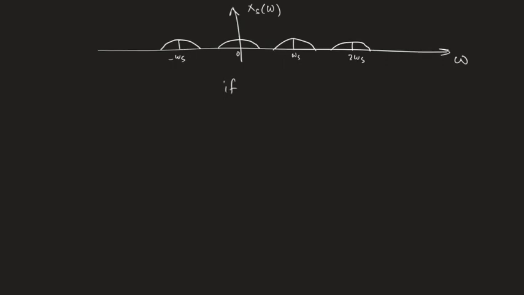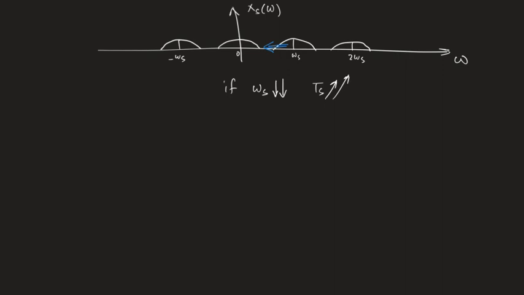If omega s was too small, this means what? This means Ts is too big, right? Okay, what will happen? This guy is going to get closer, and at some point the next replica is going to interfere with the current replica.